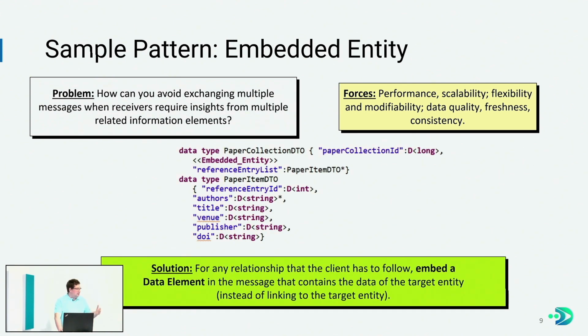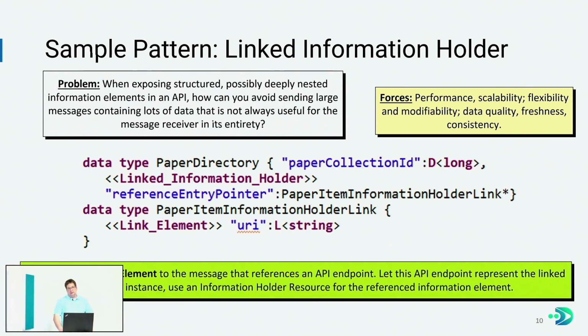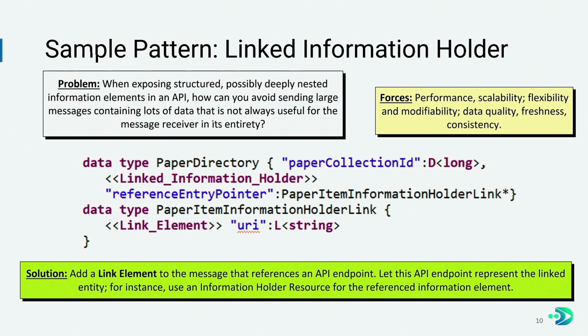And obviously the solution sketch here is very simple. I put the data into my message and have all the data, the whole object graph, in my message. On the other hand, I can have the linked information holder, which is my linked data, and this link could be a URL, URI, some ID, some UUID, whatever I can use to resolve this entity via another API call if required.